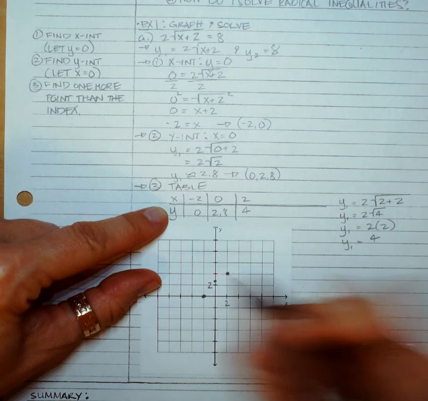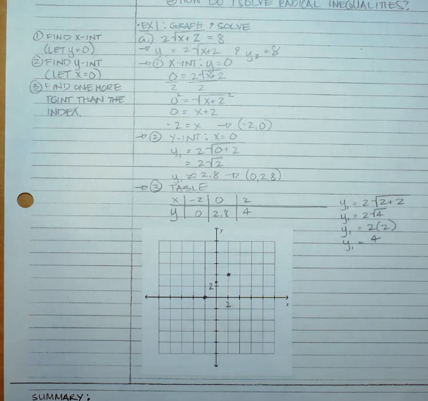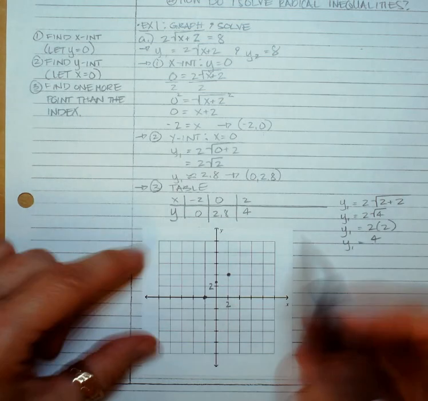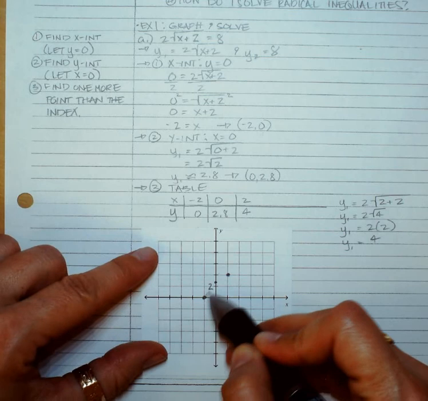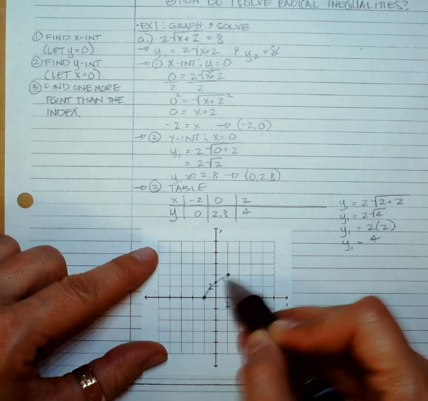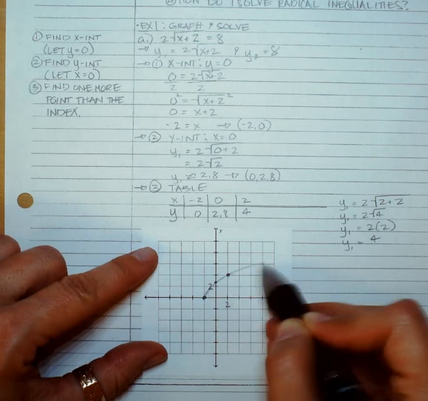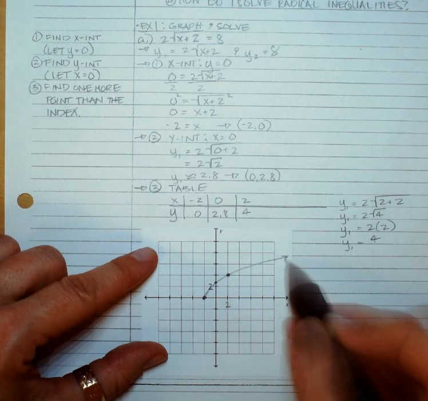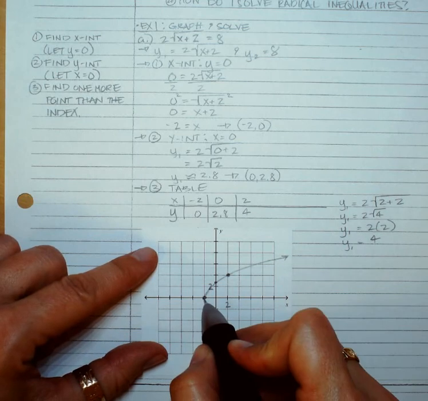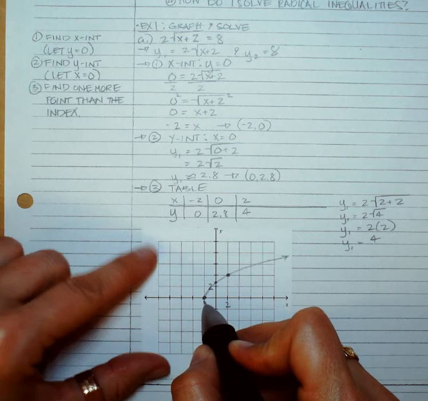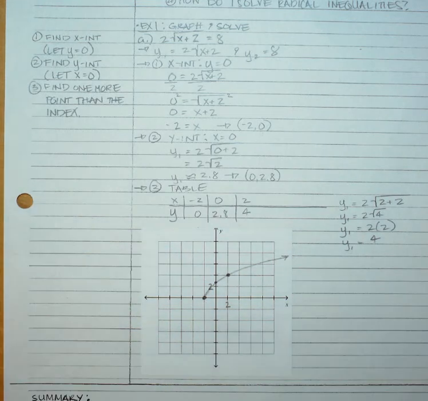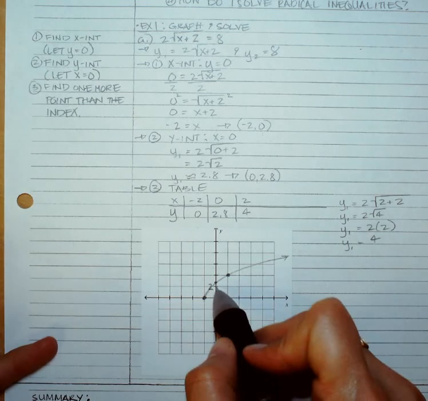So notice by going by 2's, we've kind of squished this graph a little bit. But the curve is something like this. So it starts here. Definitely do not draw an arrow at this point. That would be incorrect. And it continues off this way. Now we also have y equals 8 as our second function, so 2, 4, 6, 8.